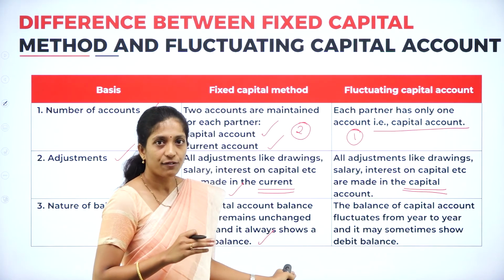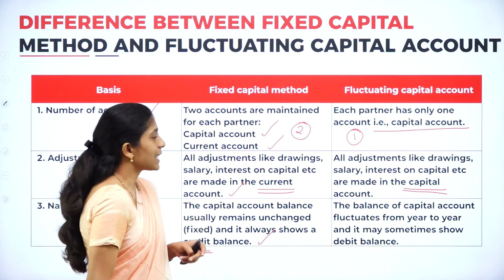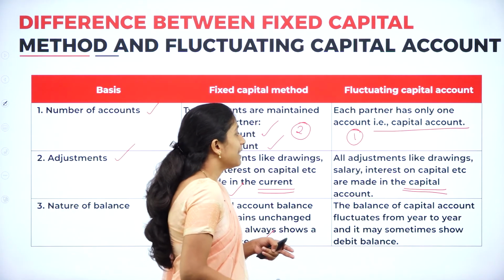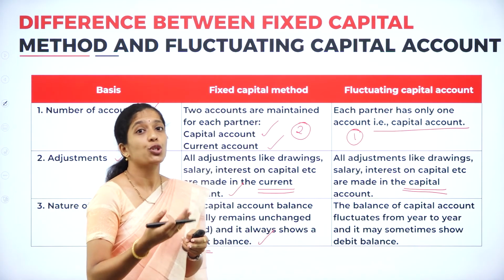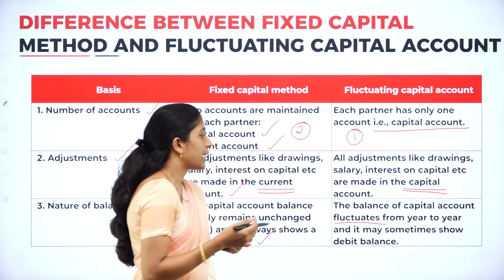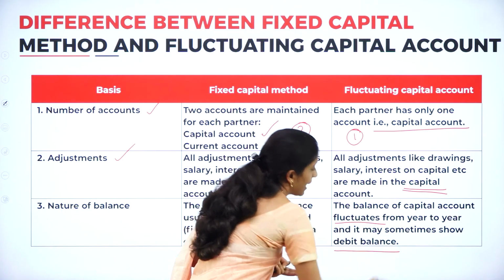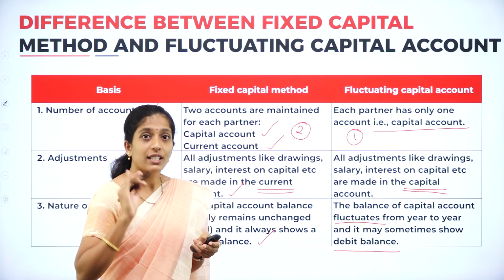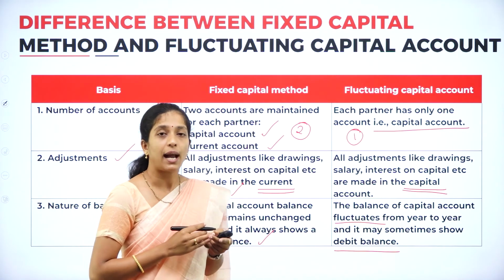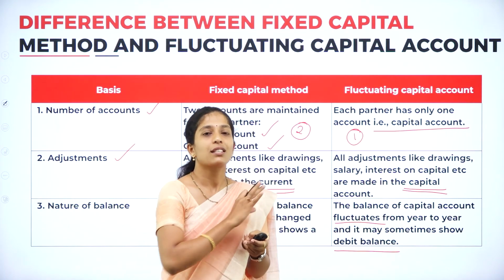Whereas in fluctuating capital method, the balance of capital account fluctuates, in the sense it changes year after year and it may sometimes show a debit balance also. So whereas in fixed capital method, it always shows credit balance, in fluctuating capital method, sometimes it shows debit balance also.